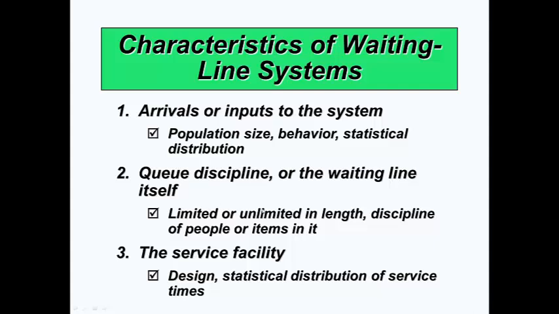You also need to look at the queue discipline or the waiting line itself, whether it is limited or unlimited in length. Again, unlimited, don't take it literally, it means huge. Limited is there is a specific limited space after which you cannot have anybody waiting. We will discuss this in a little more detail in a second.